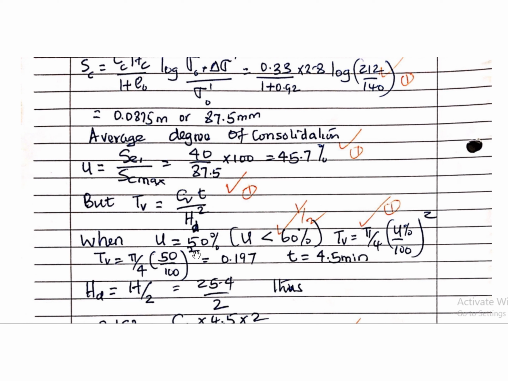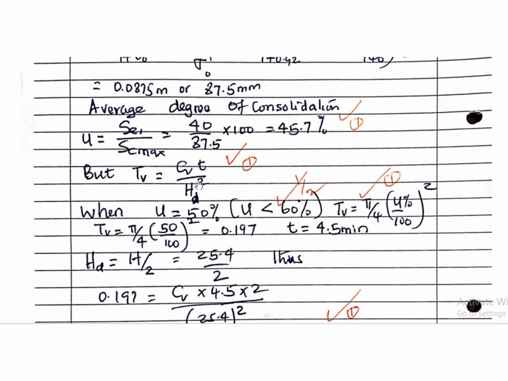If the average consolidation is greater than 60%, there's another formula which you can find in reference books. Because this consolidation is less than 60%, the time factor for 50% consolidation, remember we are only talking about 50, not the 45 we have calculated, is about 0.197. Because we know the time, and this formula requires the time, you can substitute in this formula to get Cv.